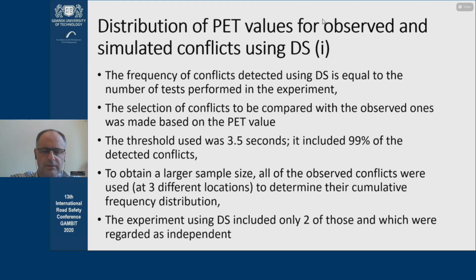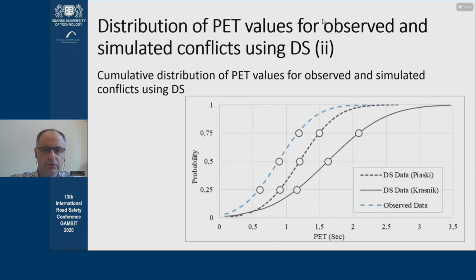And that's based on traffic observation, not simulation, because that would be a higher value. And we had a separate simulation for the two sides. As it says here, it included 99% of the detected conflicts. I can't give you a number for that, however. I don't remember that.